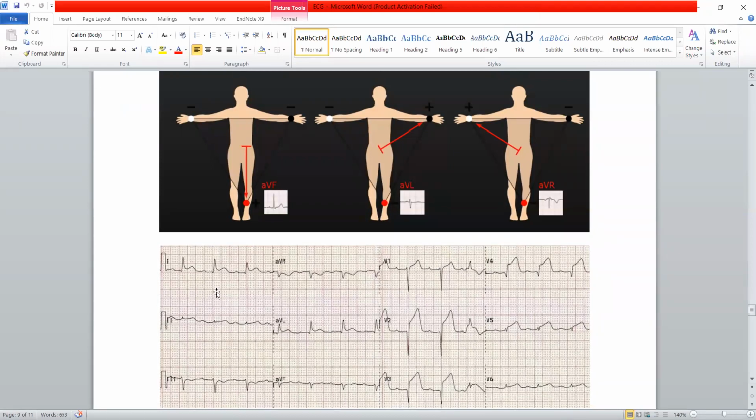So it's an anterior lateral MI. So which artery is involved and which artery is blocked if there is anterior lateral MI? Which artery supplies the anterior and lateral walls of the heart?